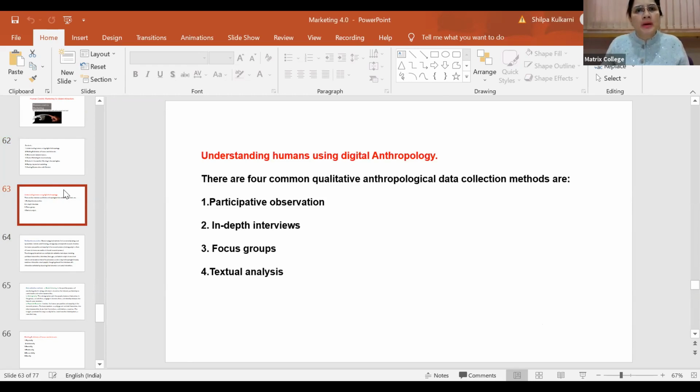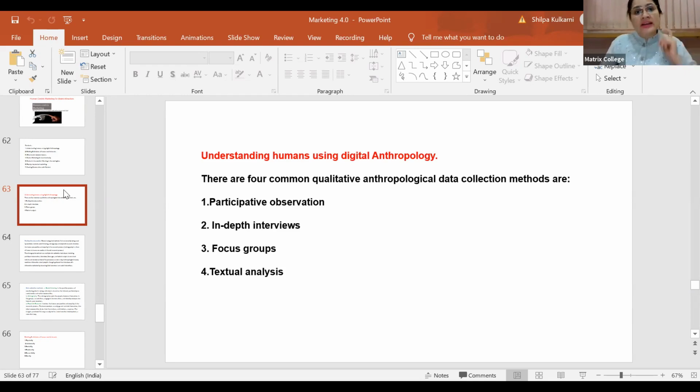When I talk about participative observation, I conveyed to you about digital anthropology that discovers how humans interact with digital interfaces, and several recognized methods currently being used by marketers include social listening, ethnography, and empathetic research, right? What does empathetic research mean? It involves human perspective and empathy in the research process, and ethnography is a form of human-to-human connection in the marketing research process. So we studied that part.